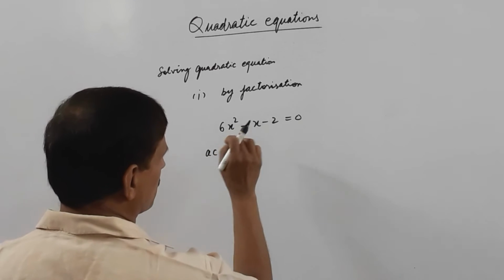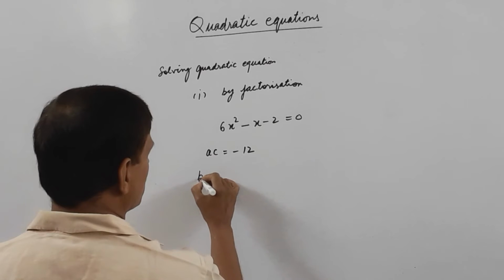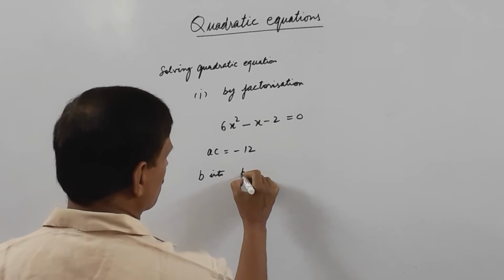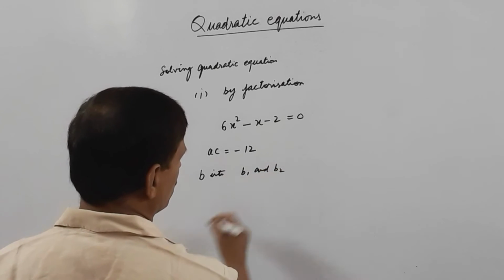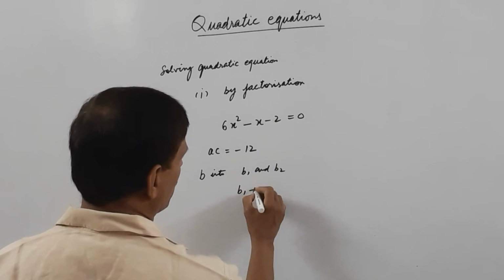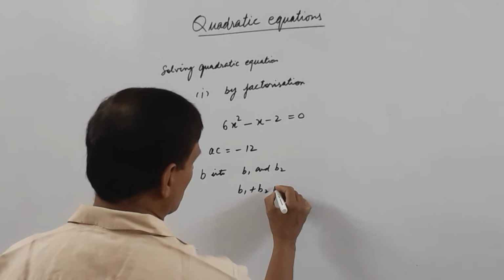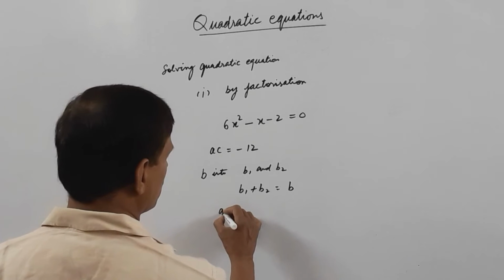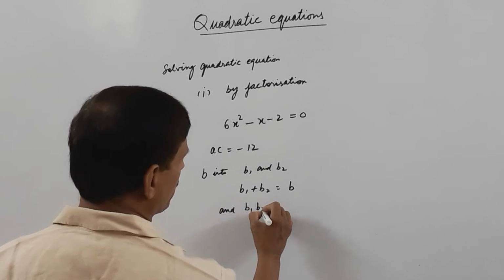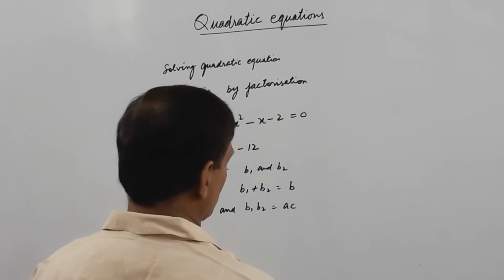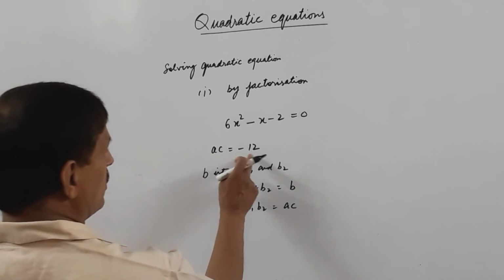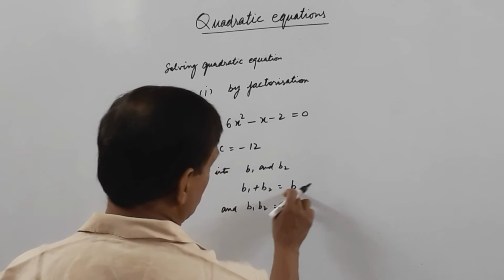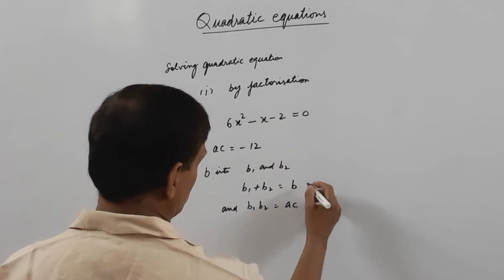So we can split the middle term B into two parts, B1 and B2, such that B1 plus B2 is equal to B and B1 B2 is equal to AC. The product of these two should be equal to A into C, that is minus 12, and sum should be equal to B, which is minus 1 in this case.